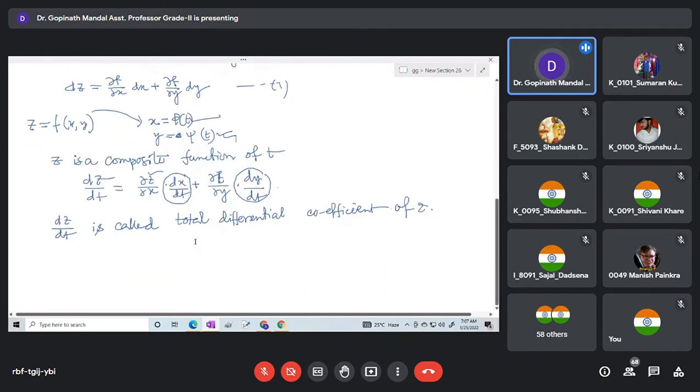If x and y are functions of two variables, suppose z equals f of xy and x is a function of two variables u and v, and y is also a function of the two variables u and v.